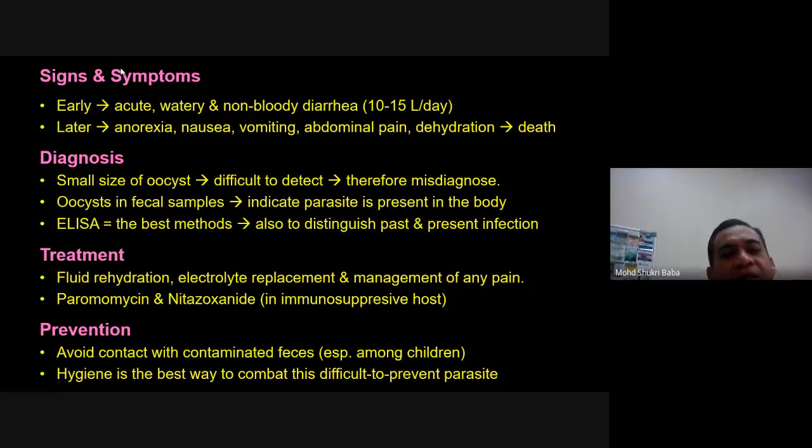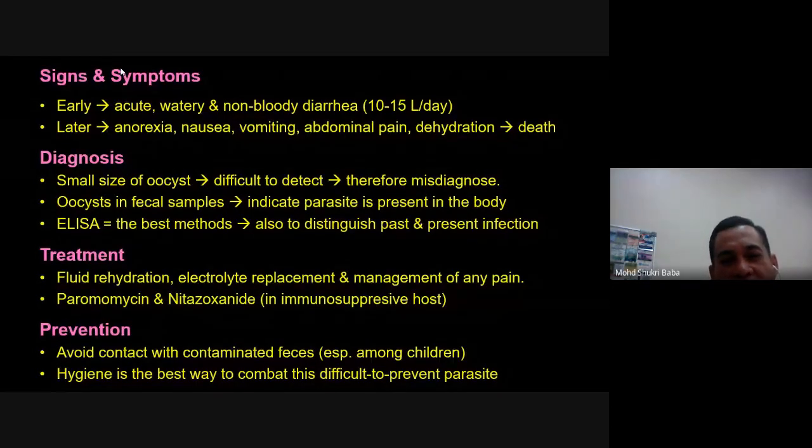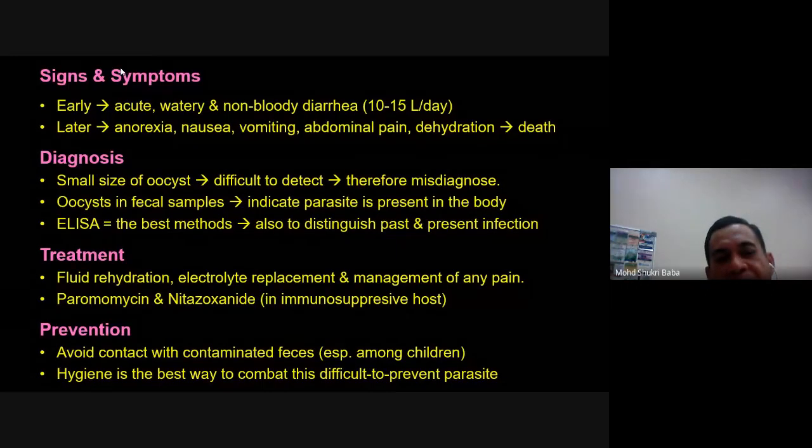Treatment: you need fluid rehydration therapy, electrolyte replacement, and management of any pain. Other than that, you might also give paromomycin and nitazoxanide, where nitazoxanide is given to immunosuppressed hosts.